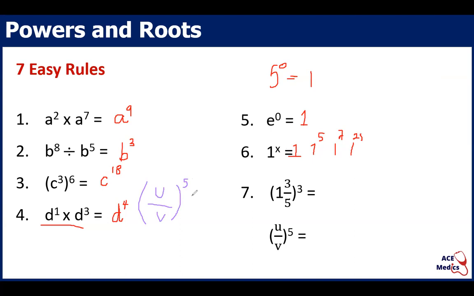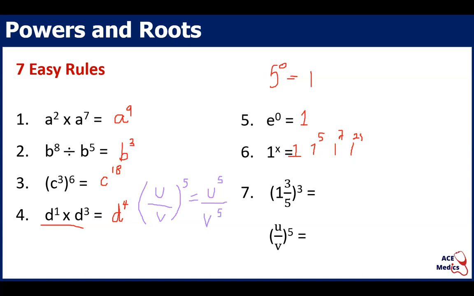So that is going to be the same as writing u to the power of 5 divided by v to the power of 5. Does that make sense? Yeah? I hope it does. Okay.